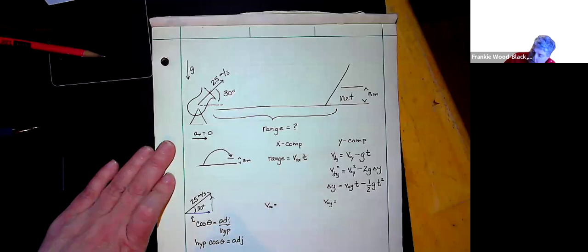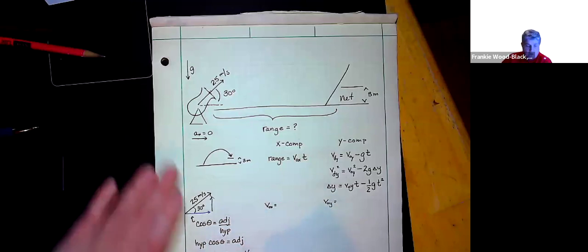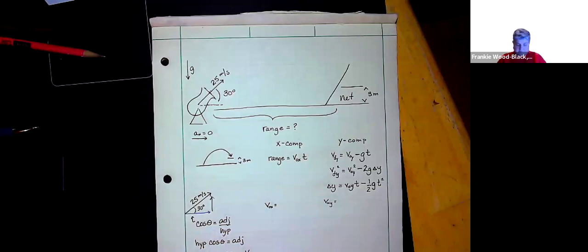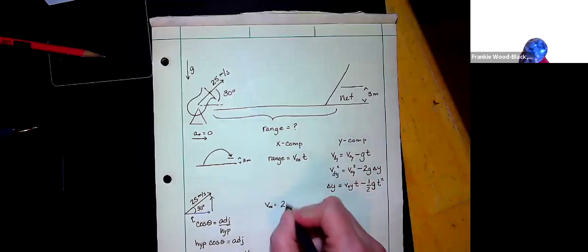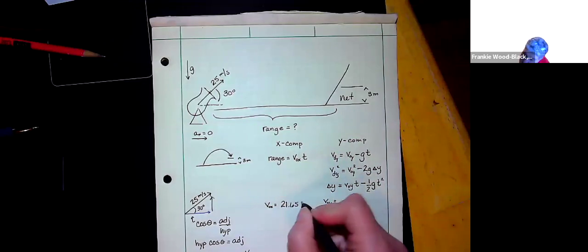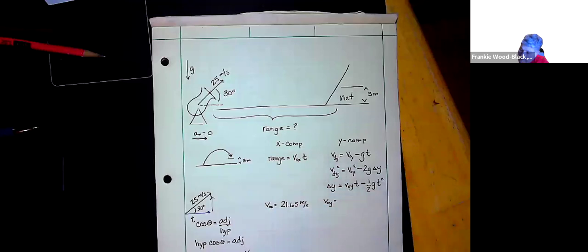So now I'm going to have 25 meters per second cosine of 30 is going to equal my initial component in the X direction. So if I do that, this is going to be 21.65 meters per second.